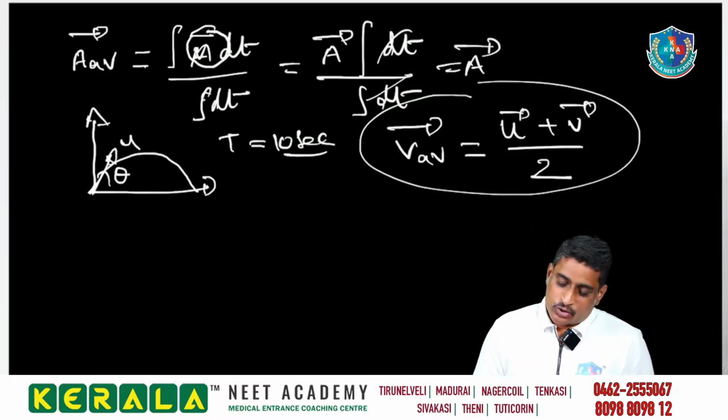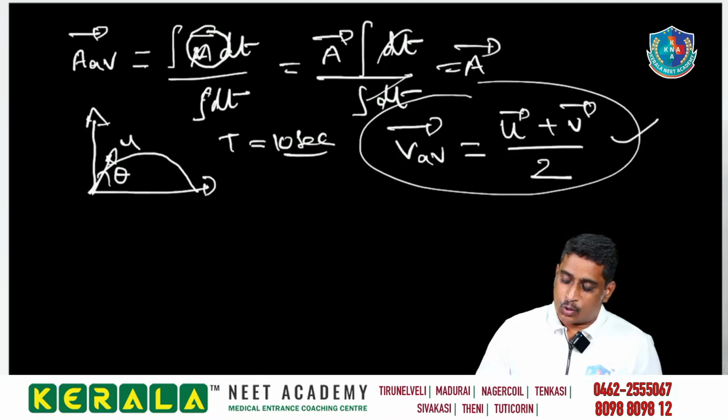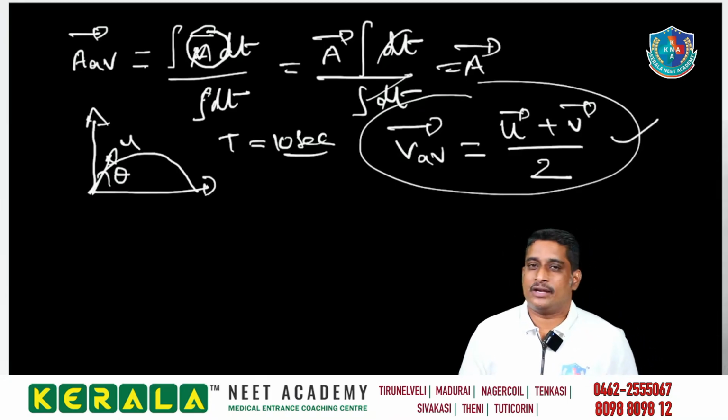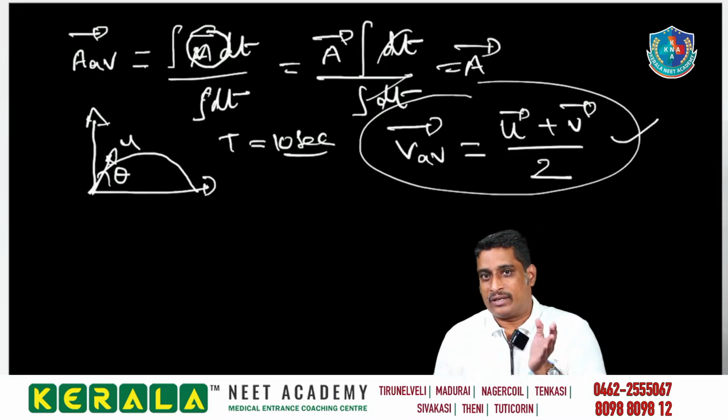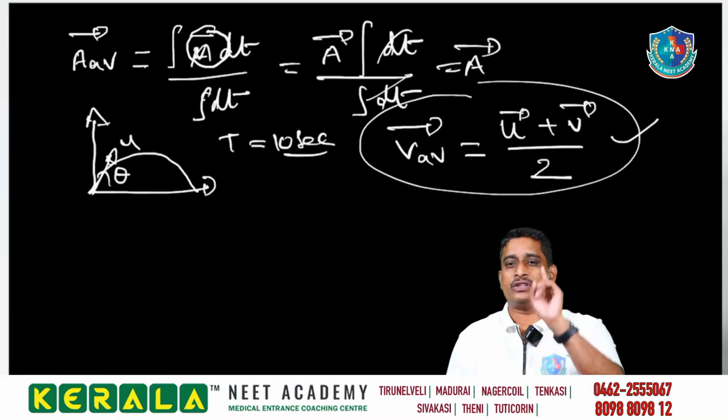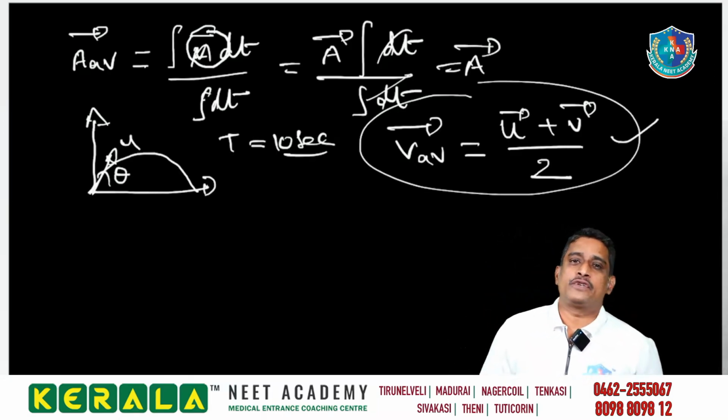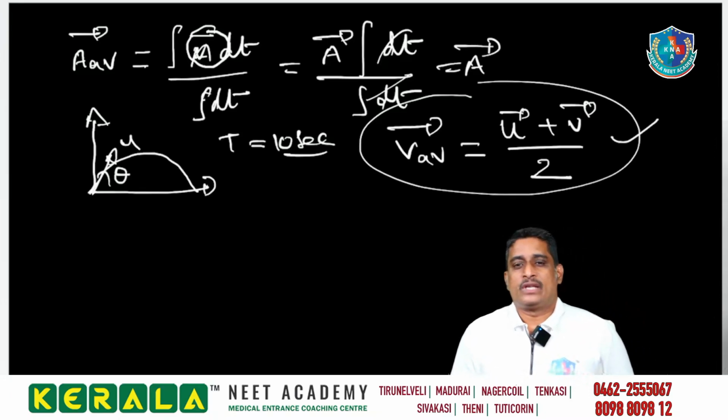Actually, the average value of a physical quantity can be calculated by using this type of equation, like the arithmetic mean, initial value plus final value by 2, provided with one condition: if that physical quantity is a linear physical quantity.